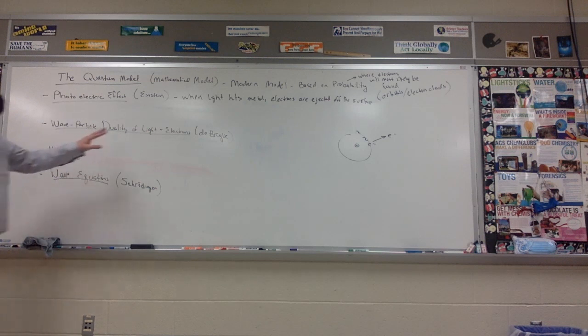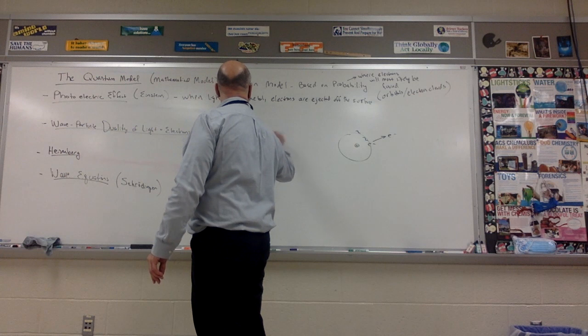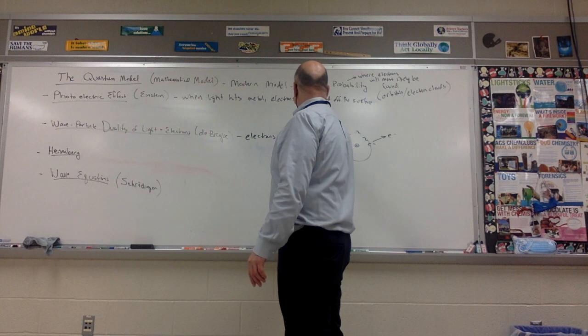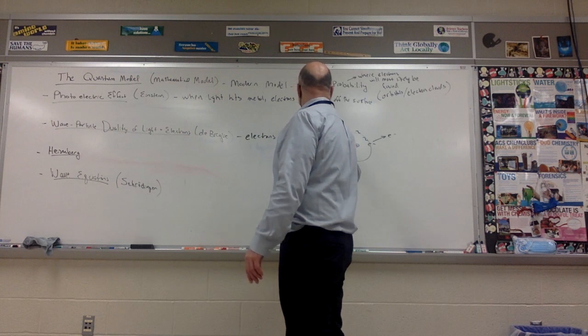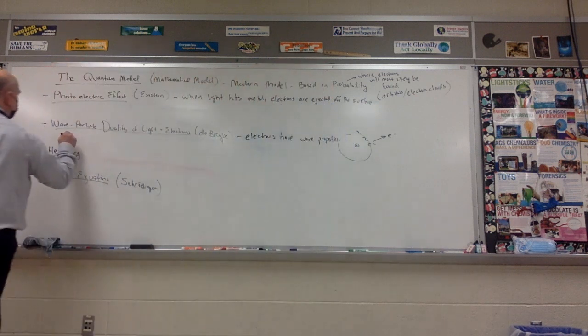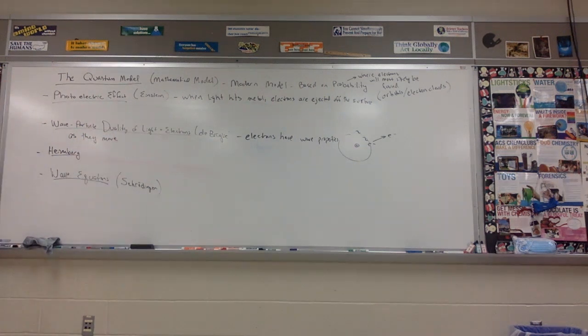So what de Broglie was noticing is they actually have wave-like properties as they move because they're so tiny, so light, they hardly have any mass, that electrons have these wave properties as they move.